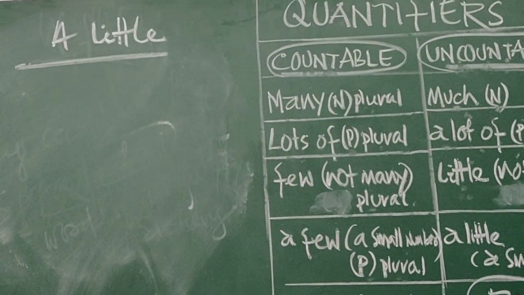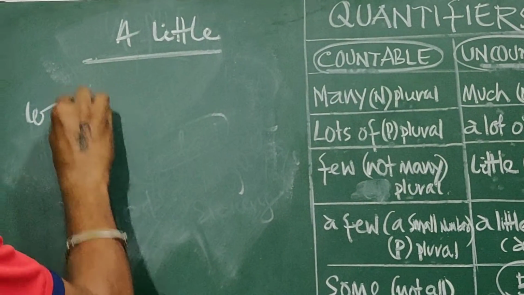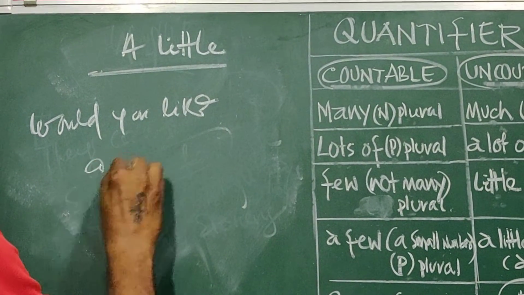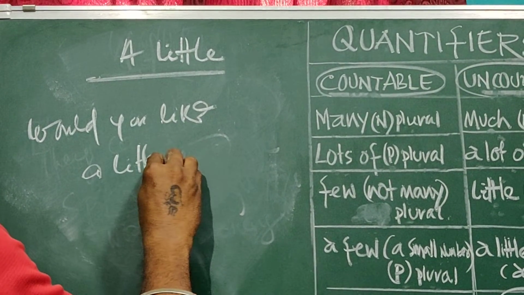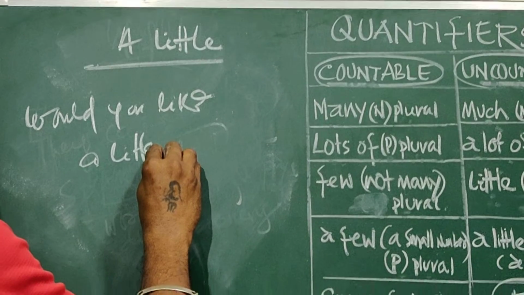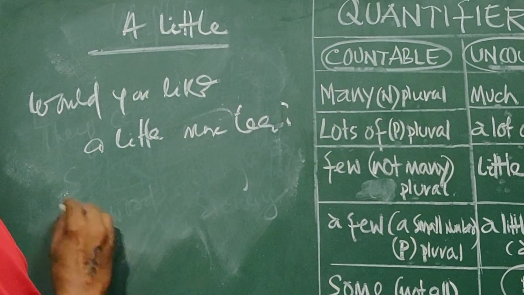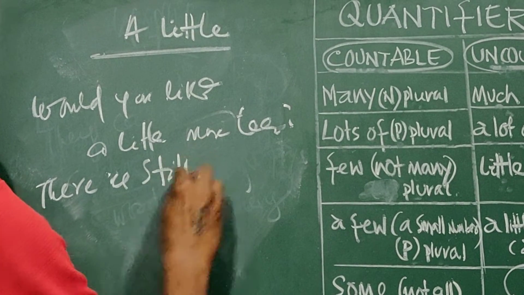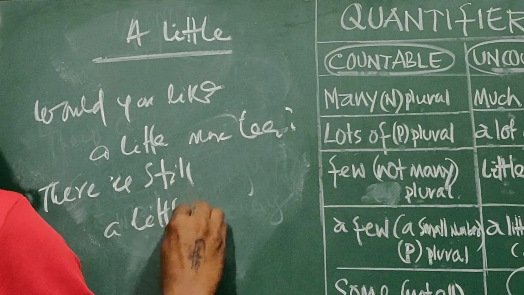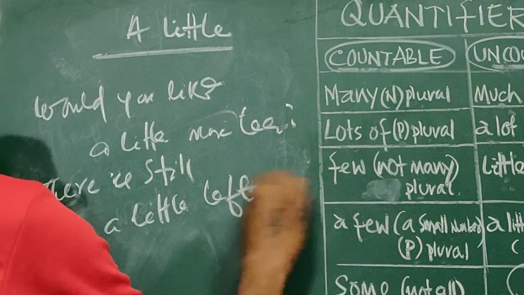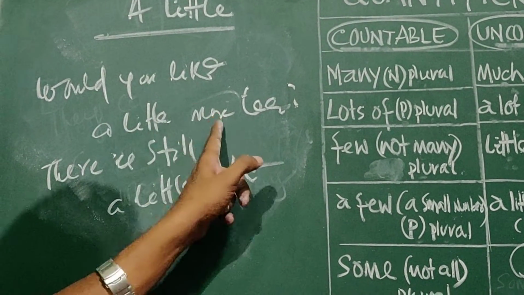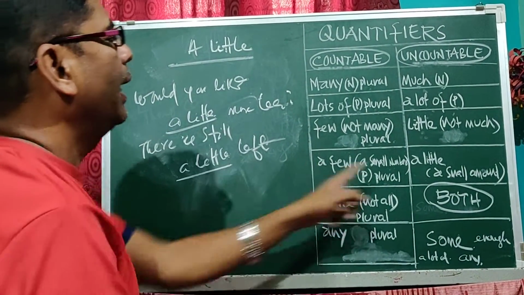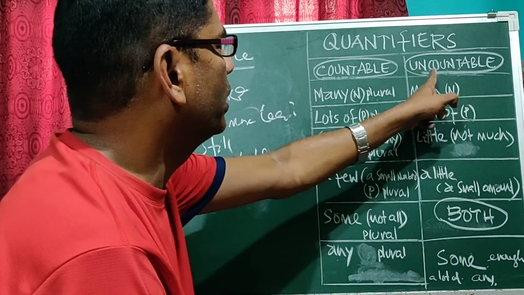For example, would you like a little more tea? There is still a little left. A little, a small amount, which is used for uncountable.